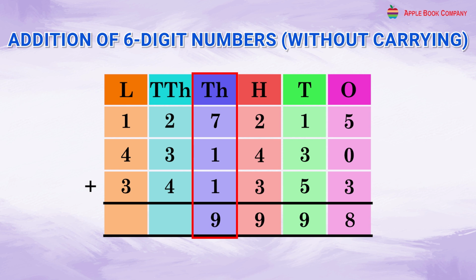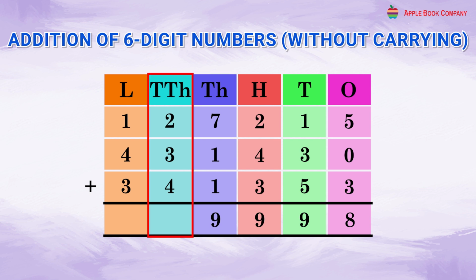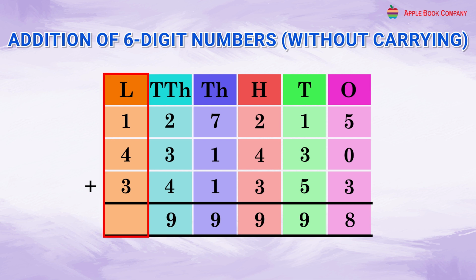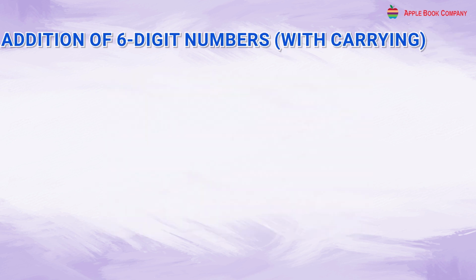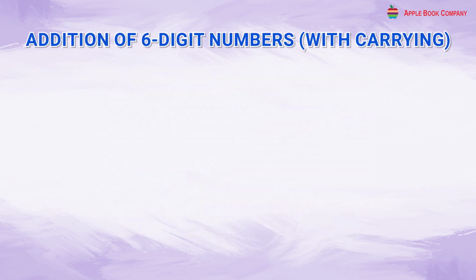In step 5, add 10,000s. 2 plus 3 plus 4 is 9. In step 6, add lakhs. Hence 1 plus 4 plus 3 is 8. Hence the total is 899998.